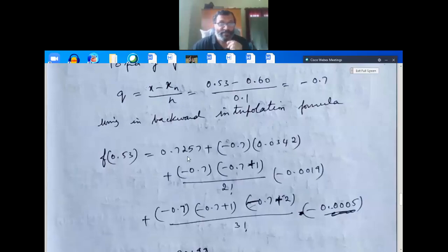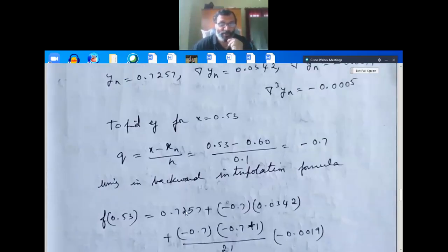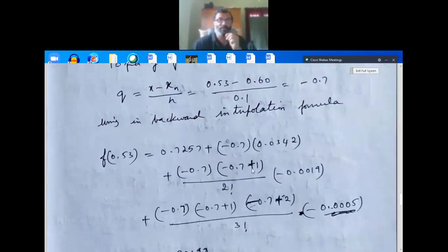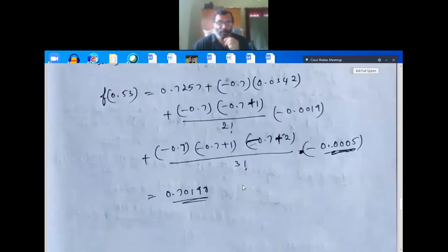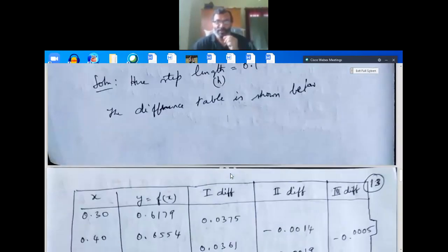So first we write here yn value 0.7257 plus q into the next one, del yn, first difference, 0.0342, plus q into q plus 1 by 2 factorial, to the next difference, the del squared yn, minus 0.019, then the third one, q into q plus 1 into q plus 2, that is minus 0.7 into minus 0.7 plus 1 into minus 0.7 plus 2 by 3 factorial, into the del cubed of yn, that is minus 0.0005.